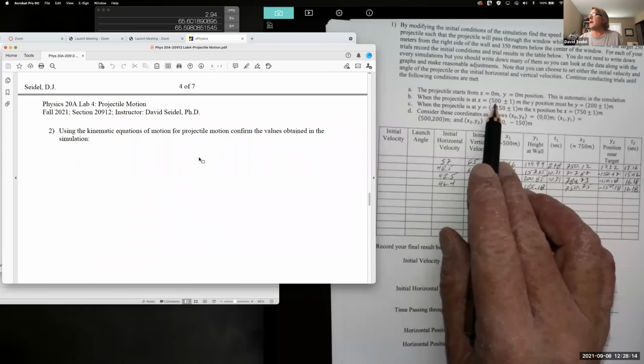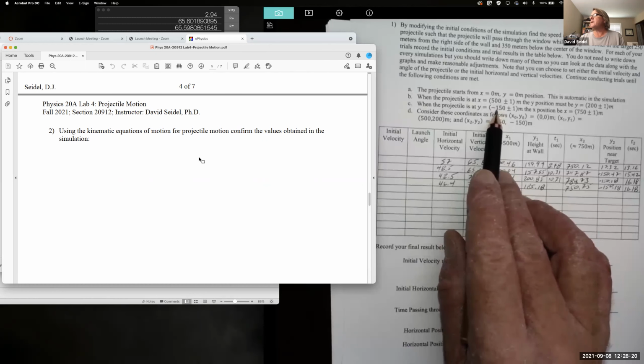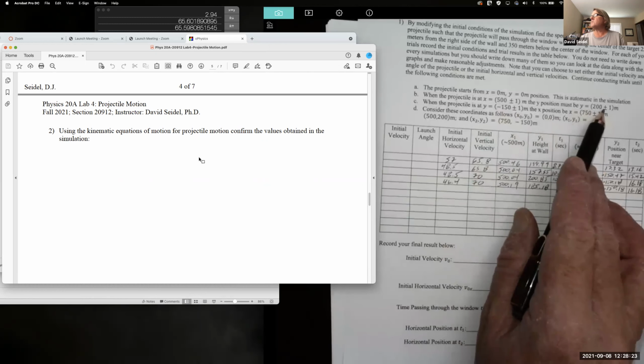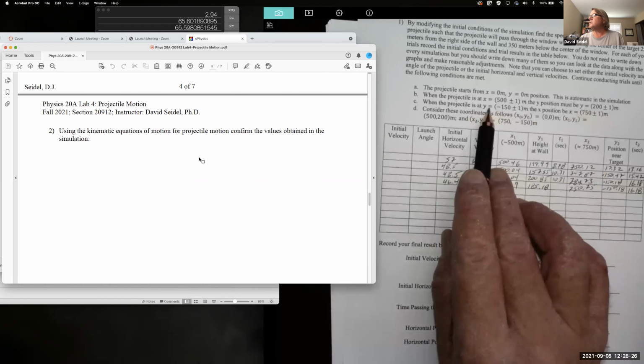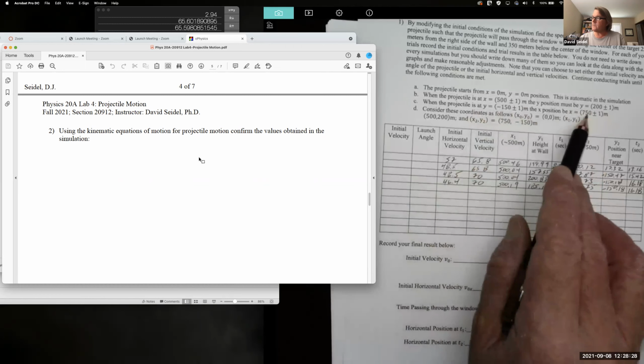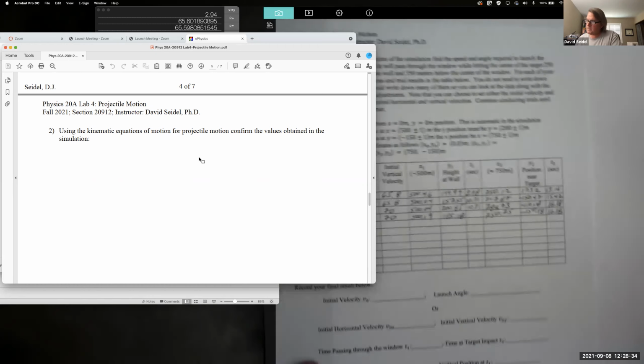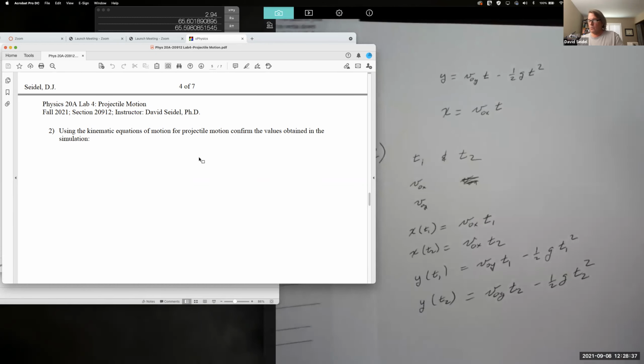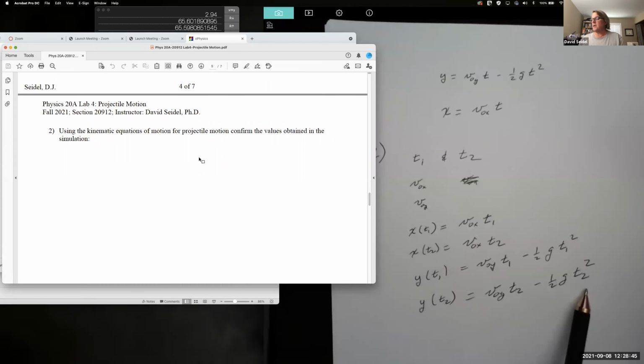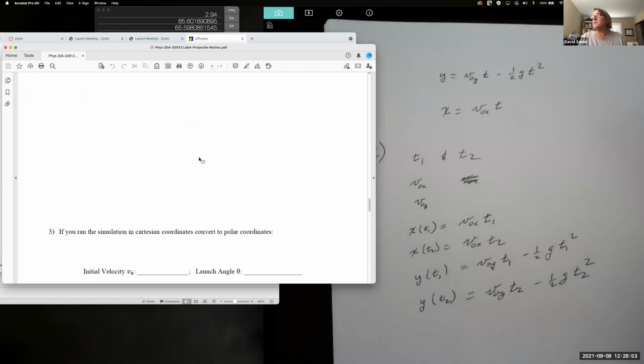The horizontal position at T1 must be 500 plus or minus 1, and Y1 must be 200 plus or minus 1, and Y2 must be minus 150 plus or minus 1, and X2 must be 750 plus or minus 1. You must meet these conditions, and when you get your times here, you need to validate that your simulation works, that your kinematic equations of motion give the same result. That's all your simulation is doing. It's supposed to be running those kinematic equations of motion.